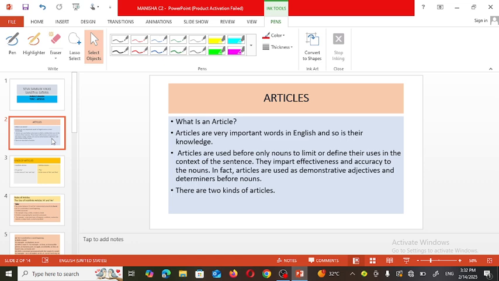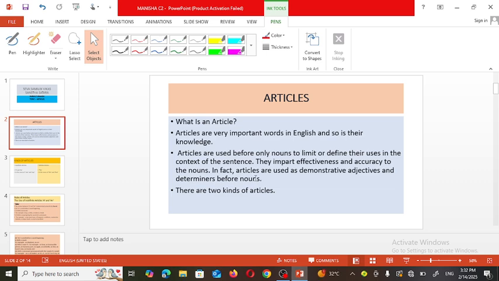Articles are used before only nouns to limit or define their uses in the context of a sentence. They impart effectiveness and accuracy to the noun. In fact, articles are used as demonstrative adjectives and determiners before the nouns.